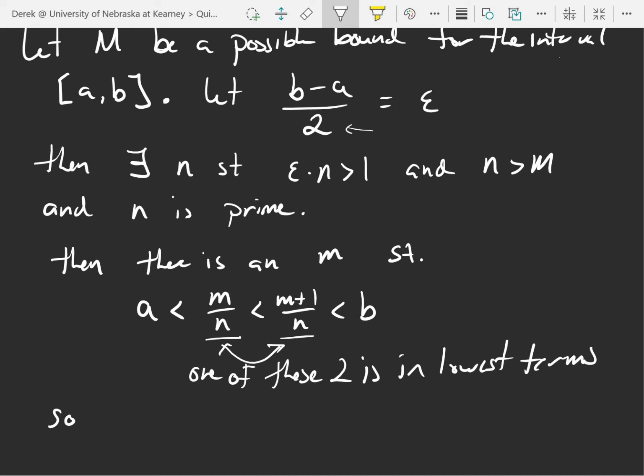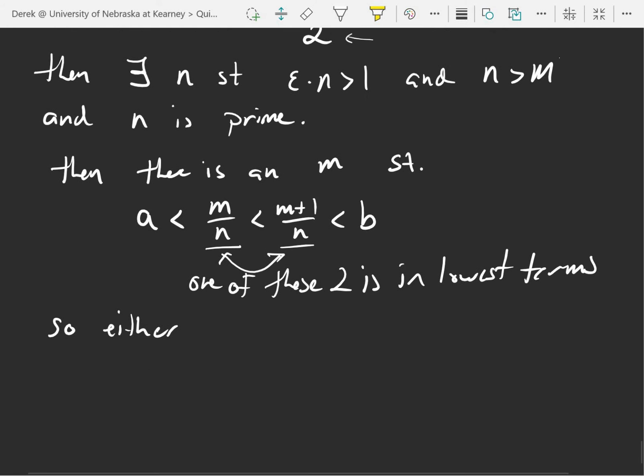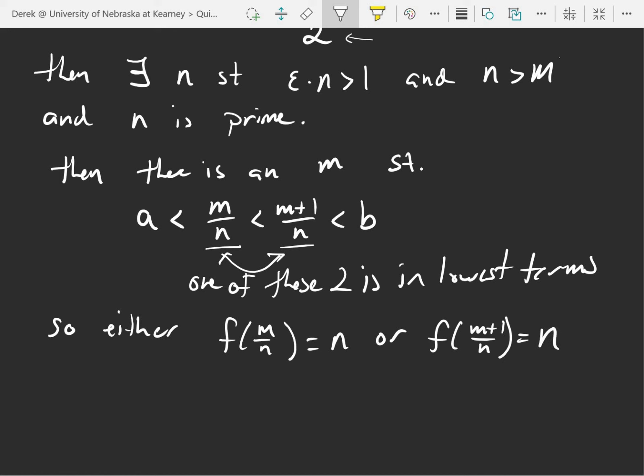So either, and maybe both of them are in lowest terms, but either f of m over n equals n, or f of m plus 1 over n equals n. And both of these, or one of them, so M being smaller than n, is not a bound for f on (a, b).